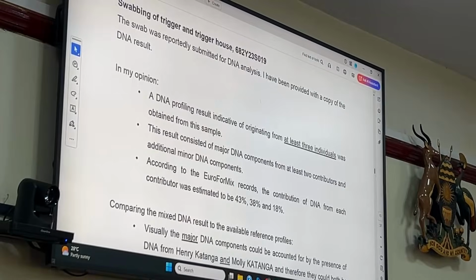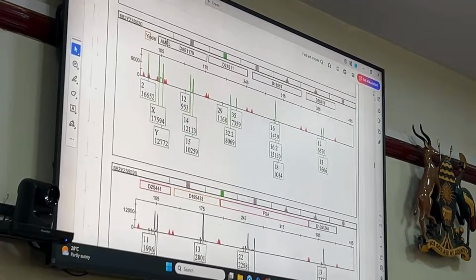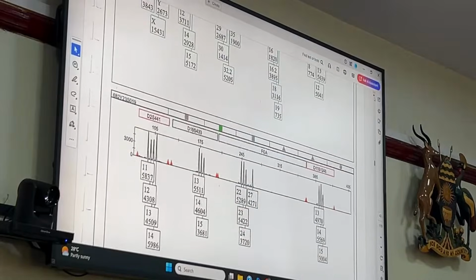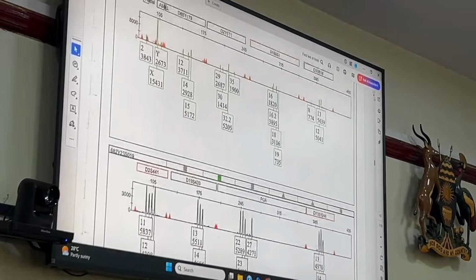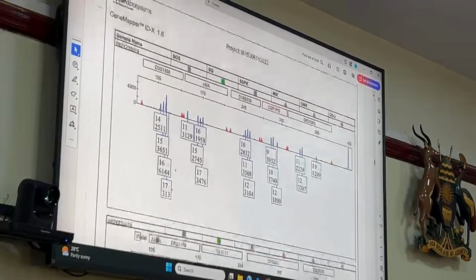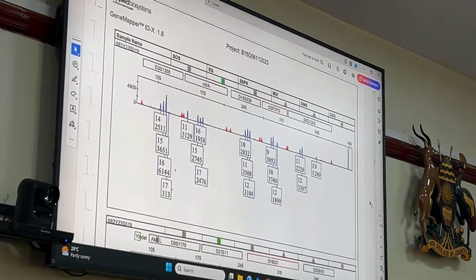Firstly, if we can just go to the electrophoregram itself. So what sample was the trigger and trigger housing? What page is that? This is page 42 and it's sample 19.